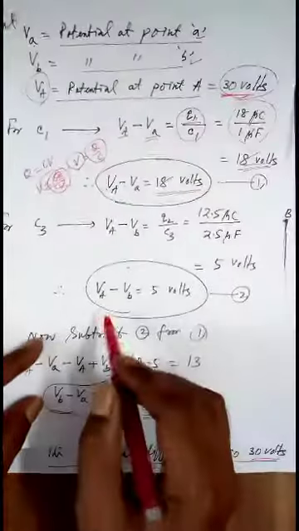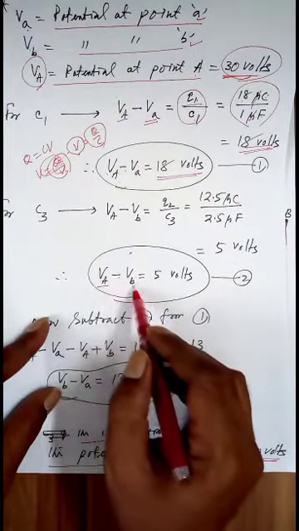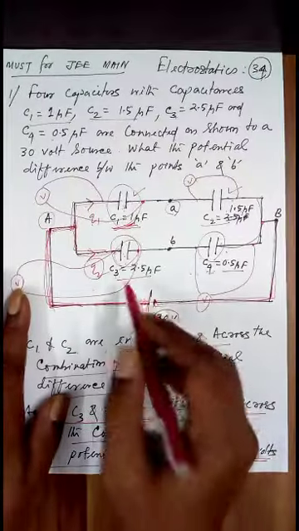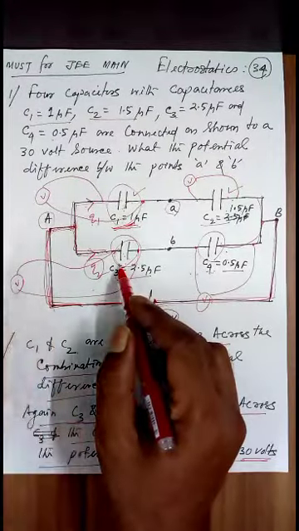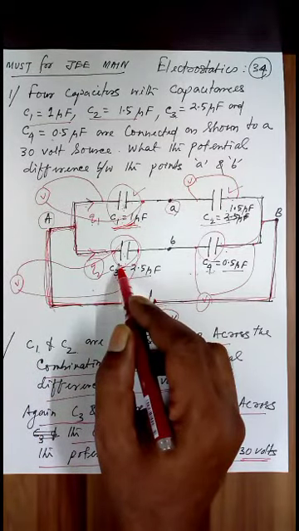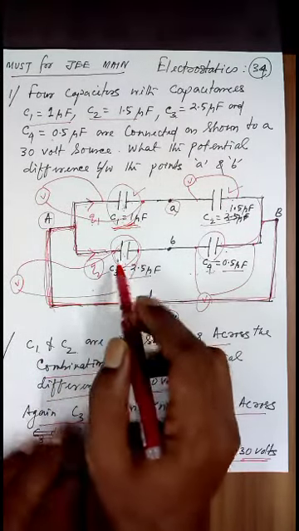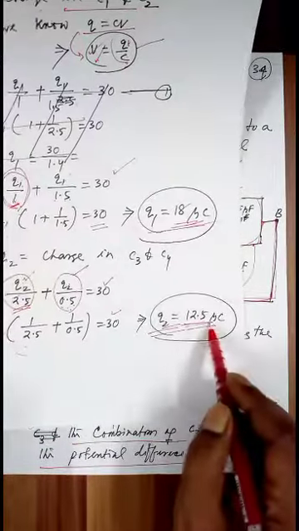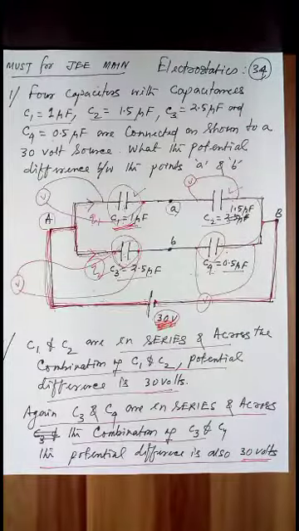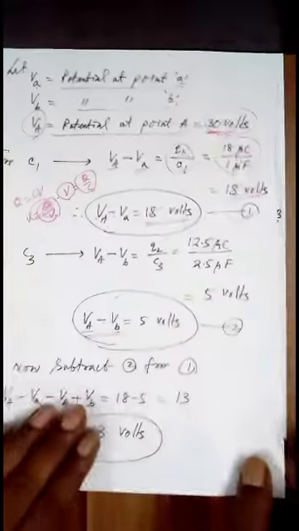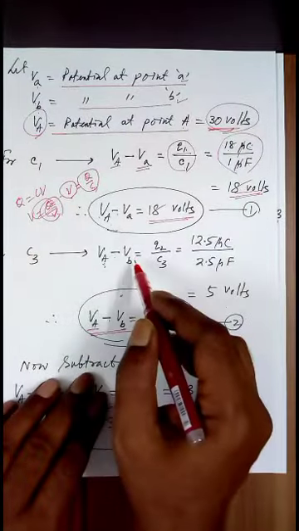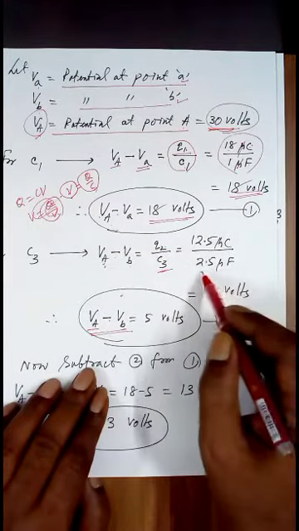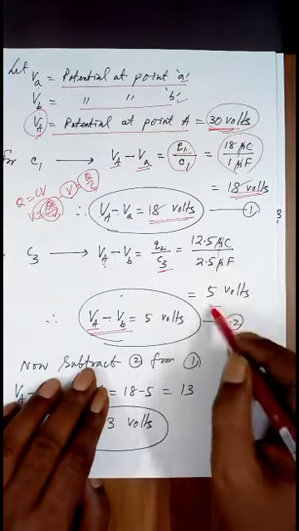So V capital A minus V small b is the potential difference across this capacitor, and potential difference will be equal to charge over capacitance. The charge flowing through this we have found out, that is 12.5 microcoulomb. So V capital A minus V small b is equal to charge over its capacitance, 12.5 by 2.5, this cancels, so 5 volt.